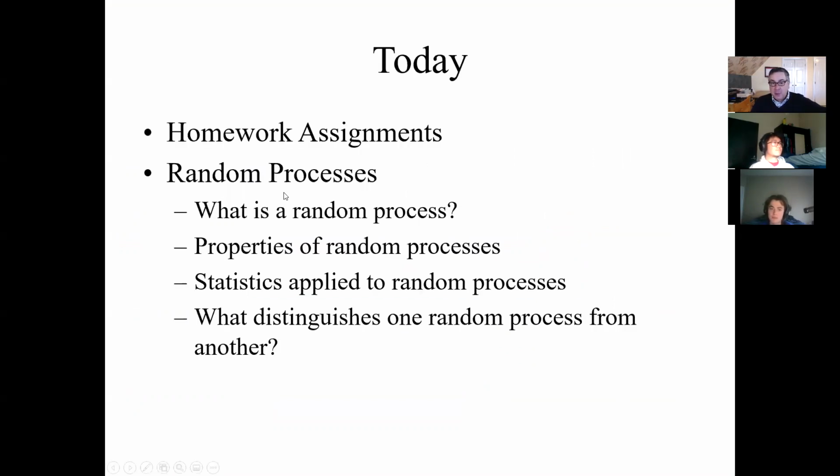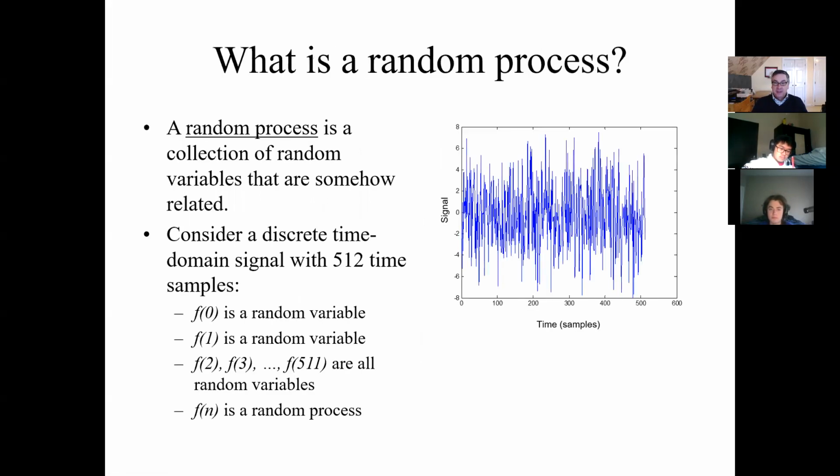It's about random processes. We talked about random variables, and an extension of that is the idea of the random process. What we mean by this is just a collection of random variables that may or may not be related, but we're assuming that there is some relationship between them.